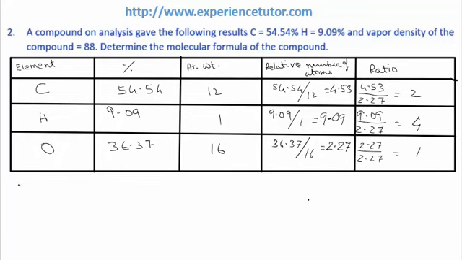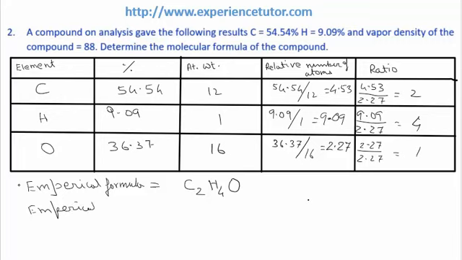Now empirical formula will be C2H4O. Empirical formula weight is equal to 44.